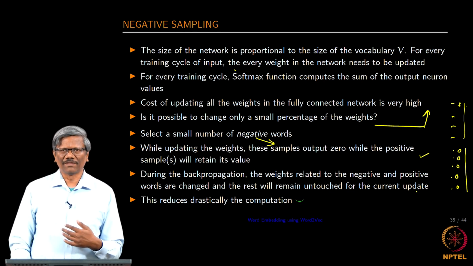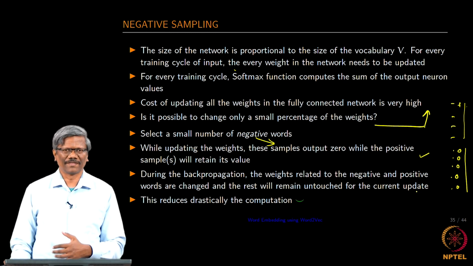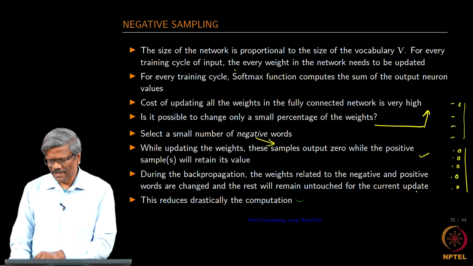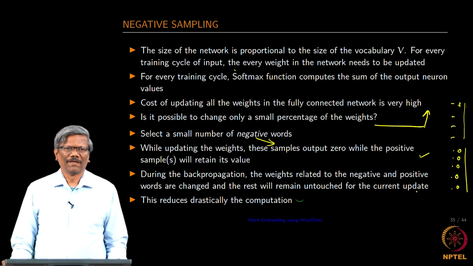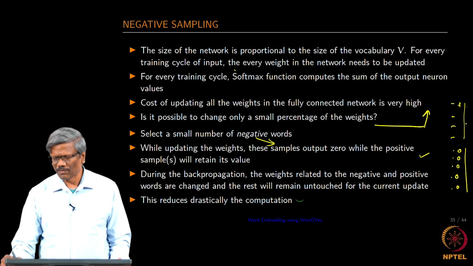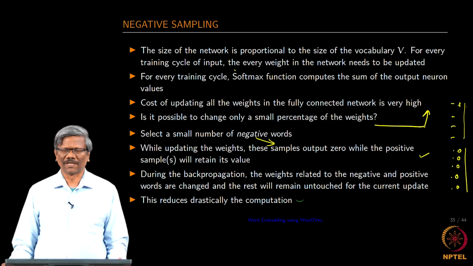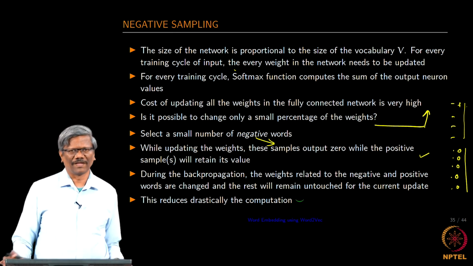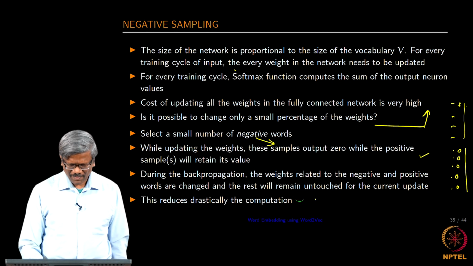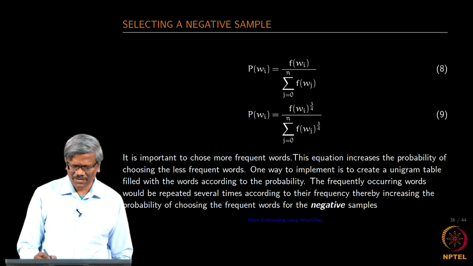So these negative words are nothing but words in the vocabulary itself, but these words do not really contribute anything to the context word. They are not one of those context words. They are chosen through some mechanism, and those weights are updated. There are several mechanisms that are available, and this is one mechanism.